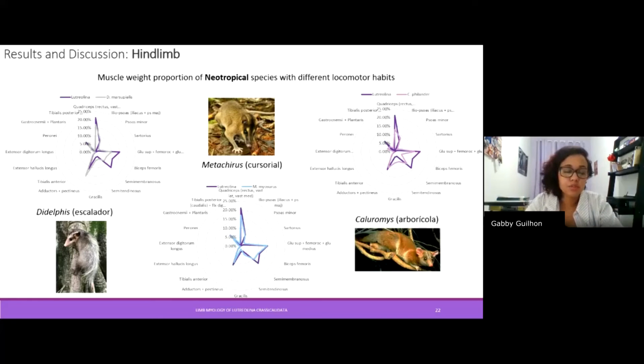And here we compared Metachirus, which is a very cursorial and terrestrial species of American marsupials, and we can see that Lutreolina and Metachirus almost completely overlap one another. So it's very interesting to realize how their muscle mass distribution is very, very similar. So apparently here, the myology reflects the locomotion habits much more than a phylogenetic signal, since all these species are from the same family.